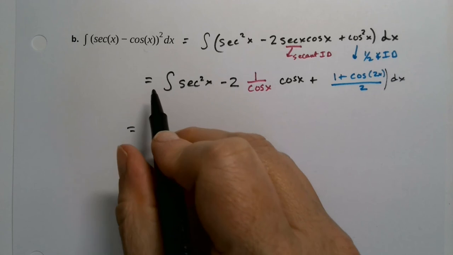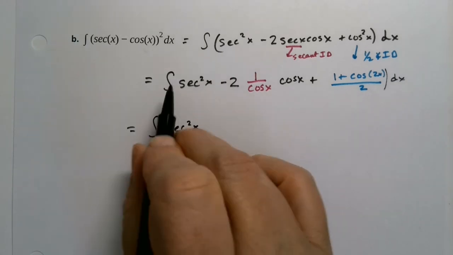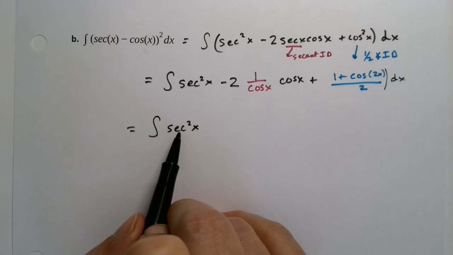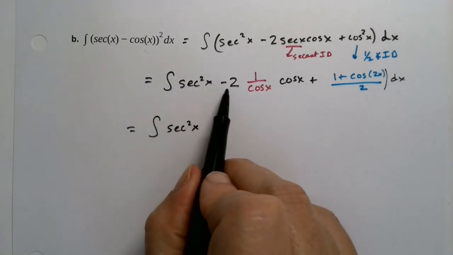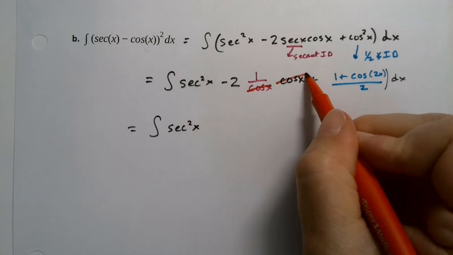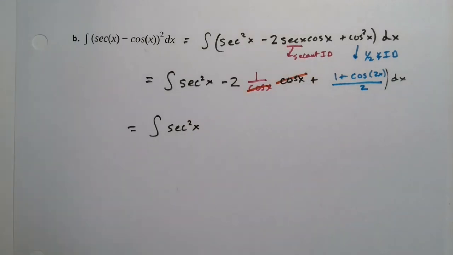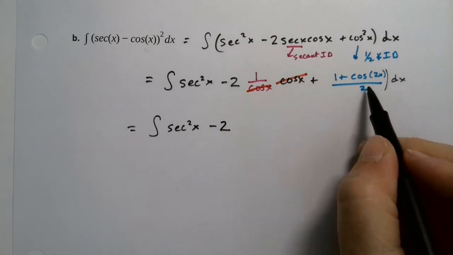Okay, so this is the integral of secant squared of x. Again, this one is going to be no problem. We know the integral of secant squared is tangent, so I'm just holding off. Technically, you can do it right now and say tangent and then start your integral sign over here if you wanted. On this one, this cosine here and the cosine here are going to cancel, and you're left with minus 2. So that's nice. And then I'm going to split this numerator.